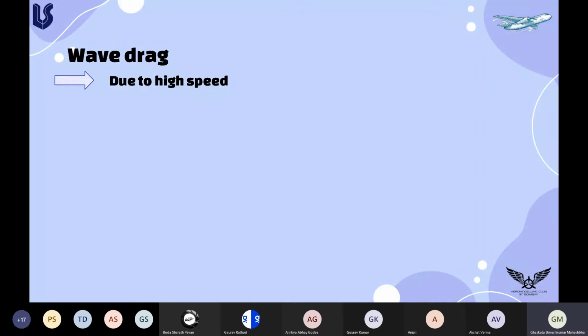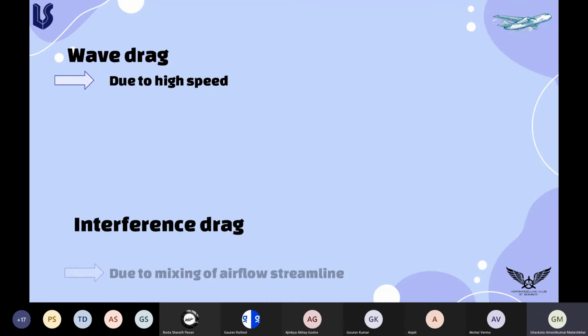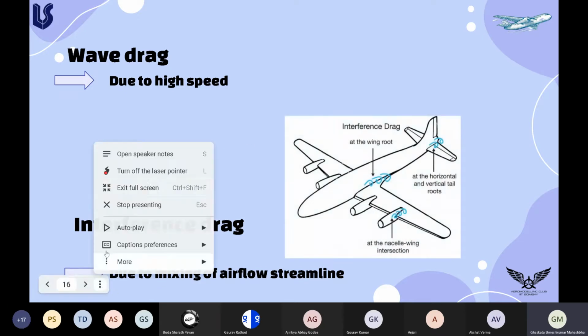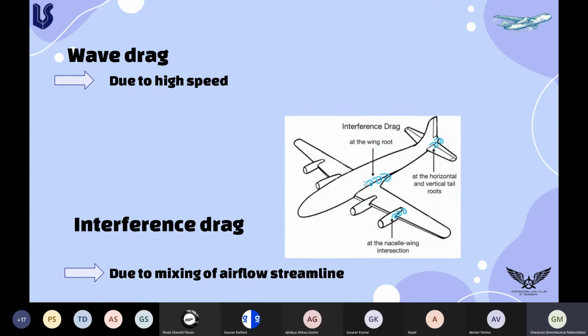Okay. And next is interference drag. It is due to the mixing of airflow streamlines of wings and fuselage, or any two components of airflow. As you can see here, this interference is created by the streamline which goes over this wing and the streamline which goes over the fuselage.